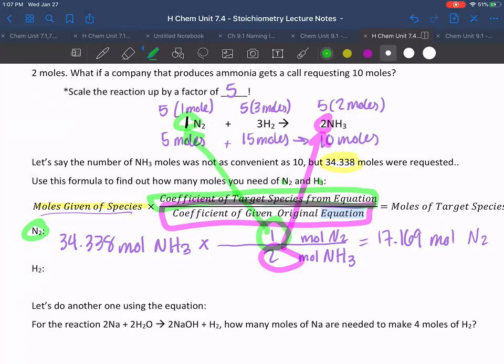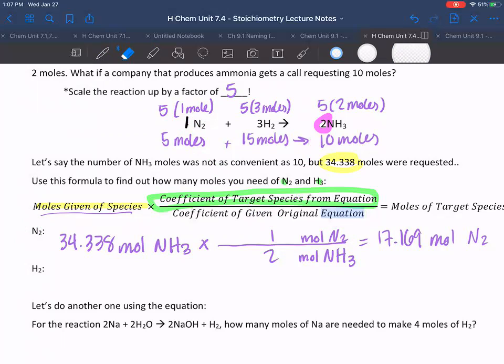Okay, any other questions? Okay, let's do hydrogen now. So I'm going to erase some of this, because now this is going to change. And our target now is going to be hydrogen. So we are going to, again, start with what we know. We know we're trying to get 3.338 moles of ammonia.